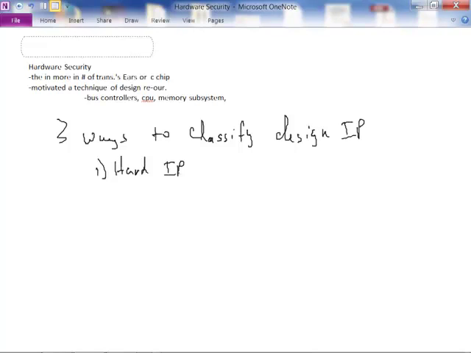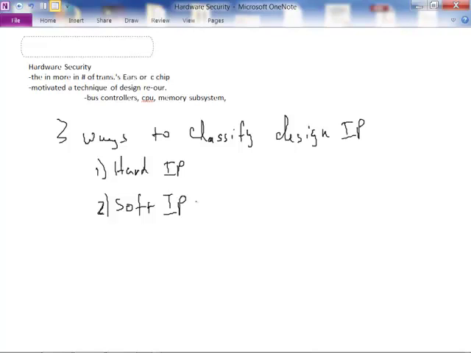The second type we have, as you might imagine, is called soft IPs. And soft IP is delivered differently. When you get soft IP, it's synthesizable hardware description language. So you're getting actual HDL, like Verilog or a VHDL program. That's the way that a soft IP would be delivered.